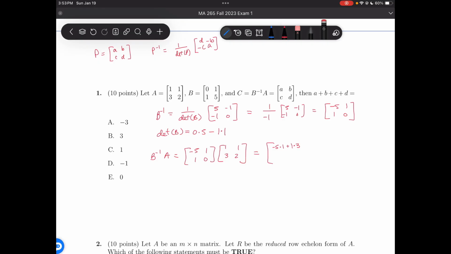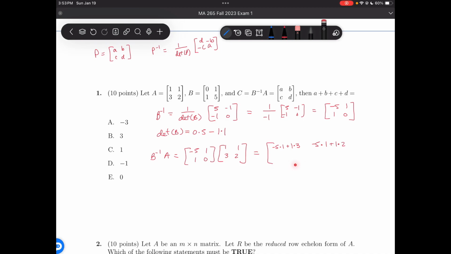So we do the same thing for the other 3 entries here. The entry that goes in the first row, second column would be the dot product of the first row in our first matrix and the second column in the second matrix. So that would be negative 5 times 1 plus 1 times 2.